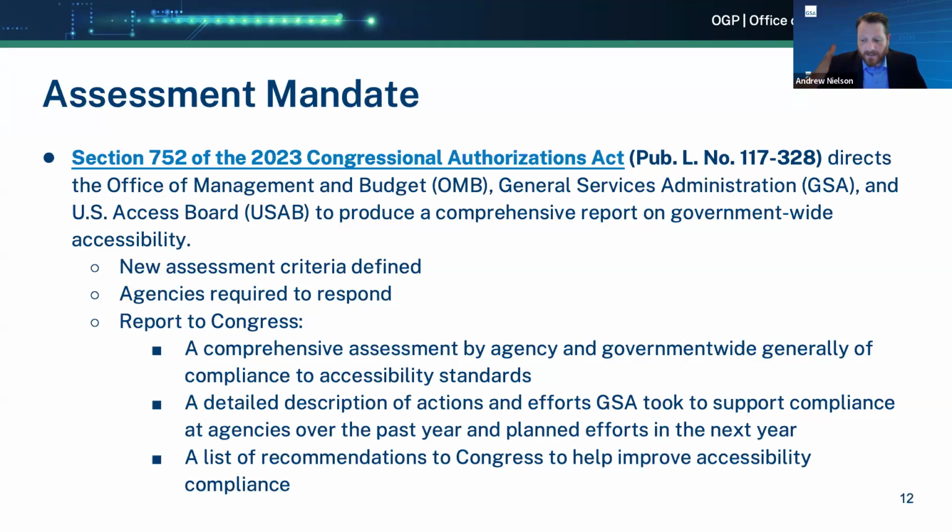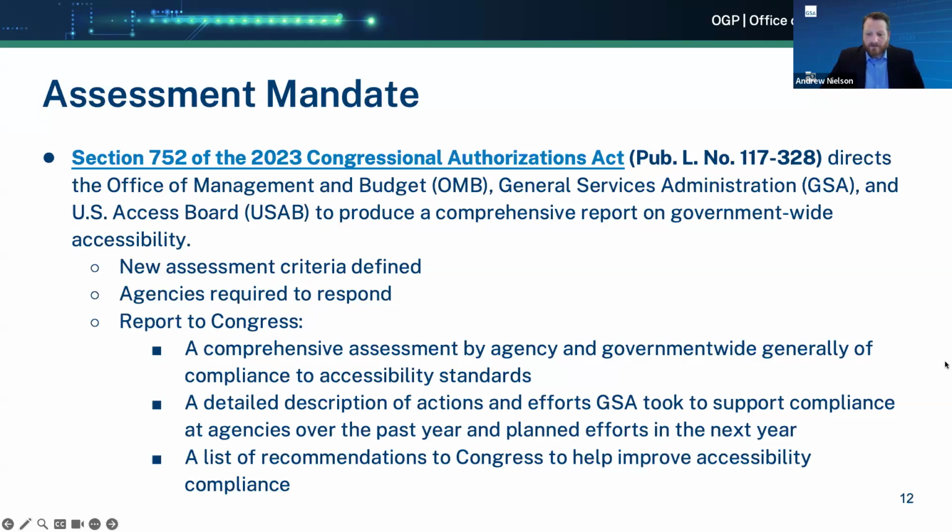And it required also a detailed description of what GSA, what my organization, is doing, both what we have done over the past year and what we plan to do in the upcoming year to advance accessibility, or to improve it government-wide.